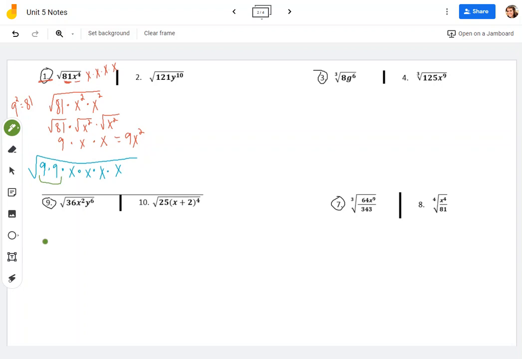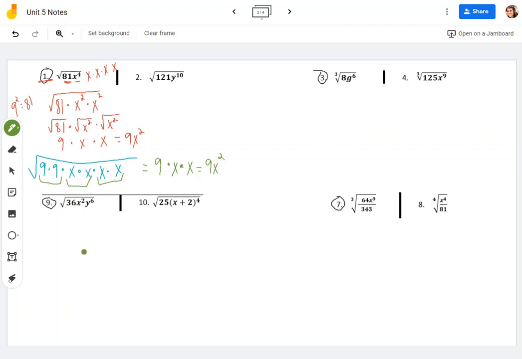So 9 and 9, it's a pair. Here's a pair of x's, and here's another pair of x's. So anytime we have a pair under the square root, that means we just bring out one of those things outside of the radical. So 1 nine, 1 x, and 1 x, which also gives us 9x squared.